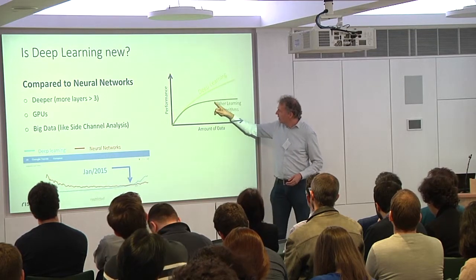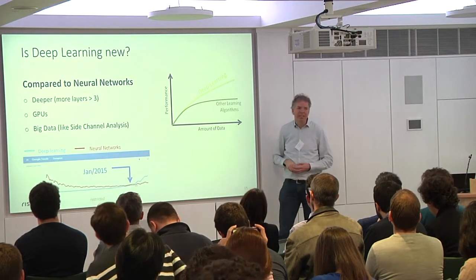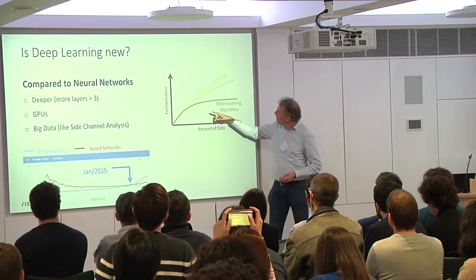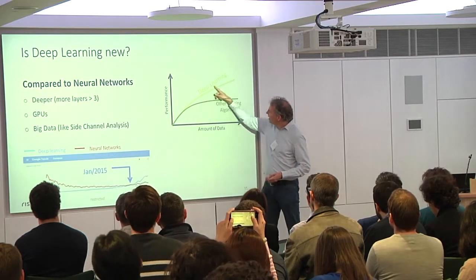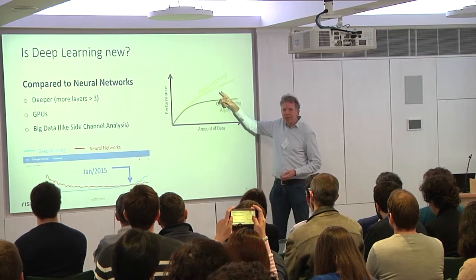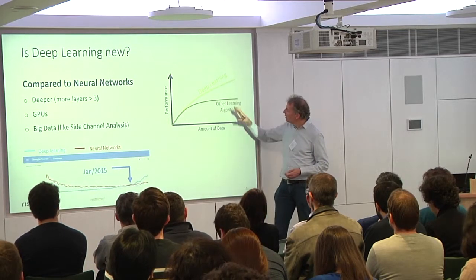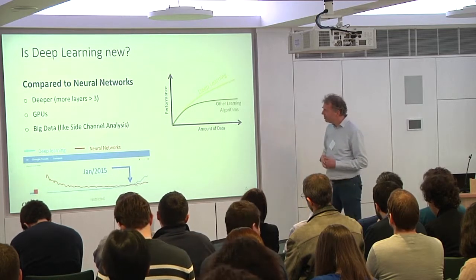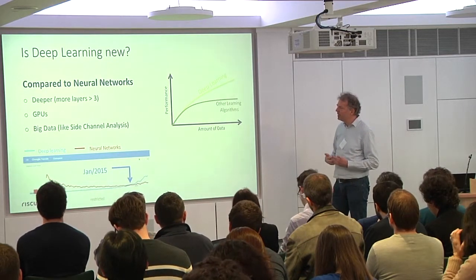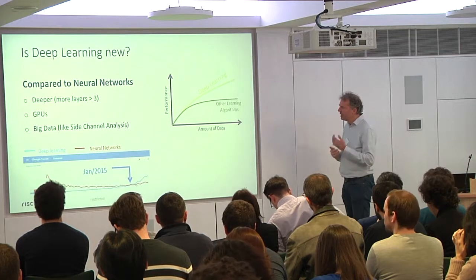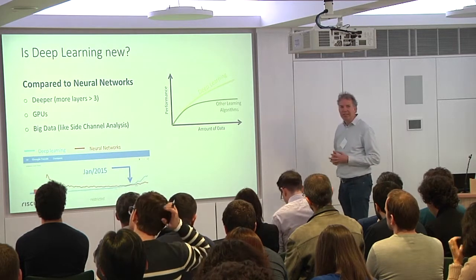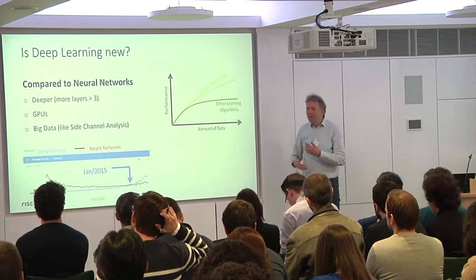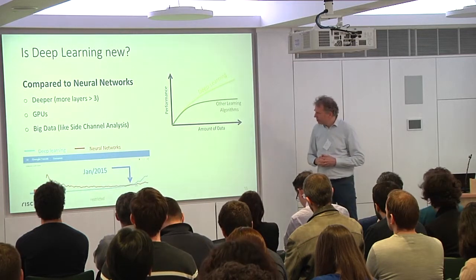If you would be adding more data, the performance of the network would not go up, whereas deep learning has a curve that increases for a longer time. So adding more data will increase the performance this longer. This is related to deep learning being deeper, having more layers, and this is caused by breakthroughs in the deep learning algorithms that were developed about 10 years ago.